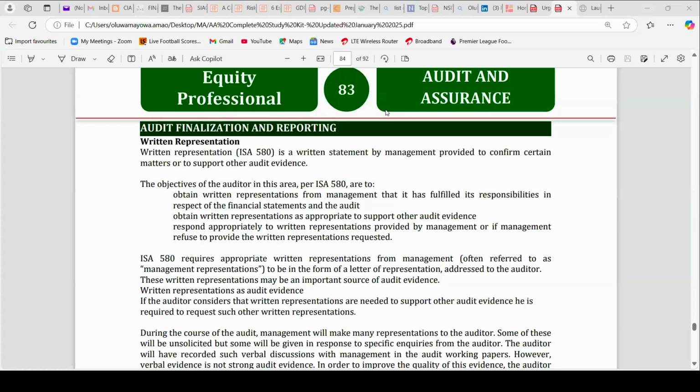Now, for those who are just joining the class, the topic we're looking at today is audit finalization and reporting. This is the stage where the audit is drawing to a close. The auditor is trying to wrap up his work. The auditor has obtained audit evidence, and has carried out the audit using the appropriate audit approach or strategy.